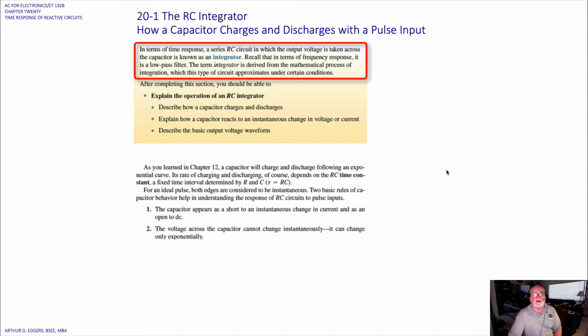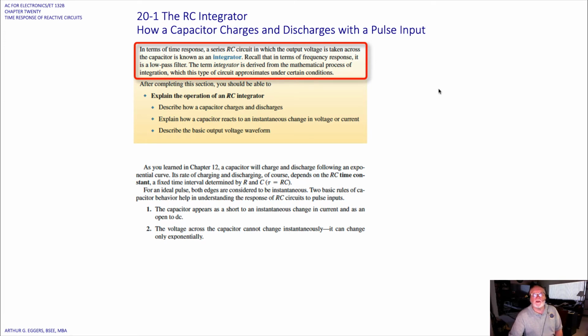Now we're going to look at it to see what happens when we apply a pulse to the circuit and see the integration factor that happens. The term integrator then is derived from the mathematical process of integration or summing, which is a type of circuit that approximates under certain conditions.